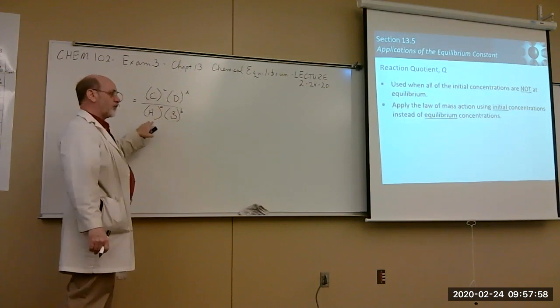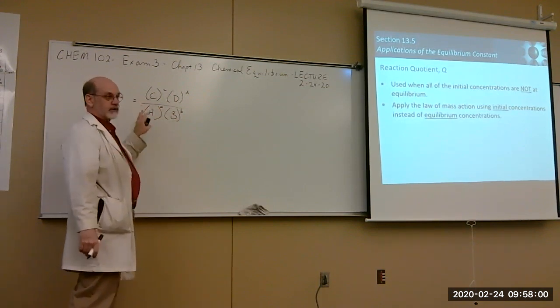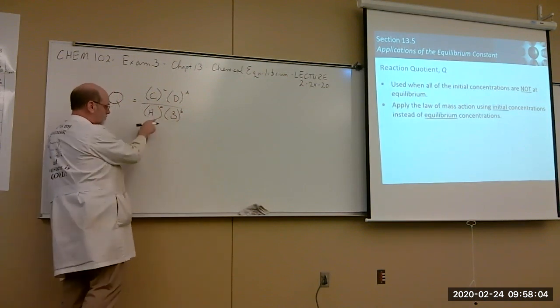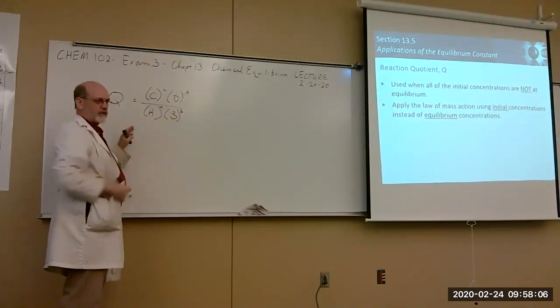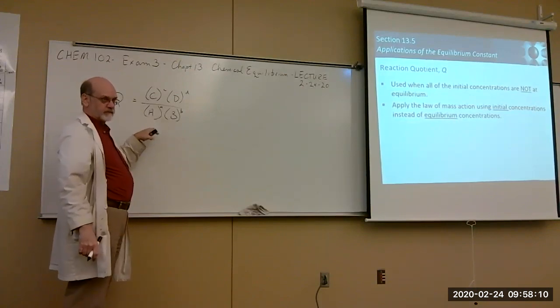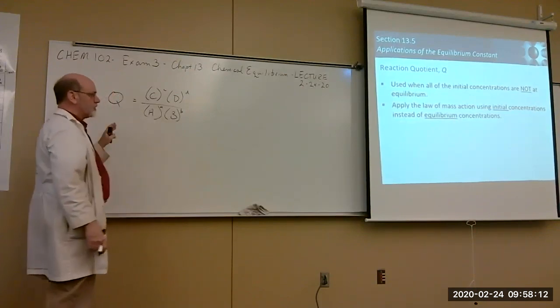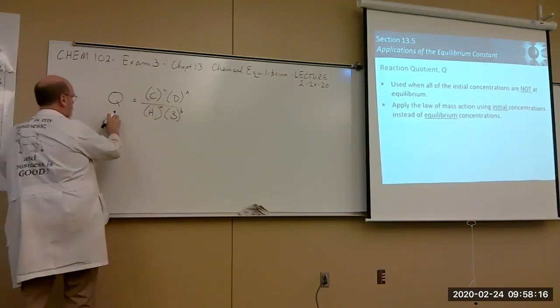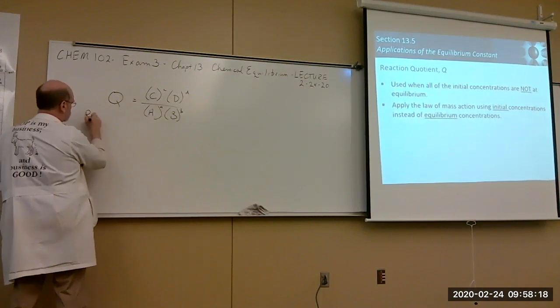We use parentheses for concentration units like molarity. We know that in these terms, we're not talking about partial pressures. Otherwise, I'd put a P sub A. But the Q is, rather than the equilibrium constant, the reaction quotient.